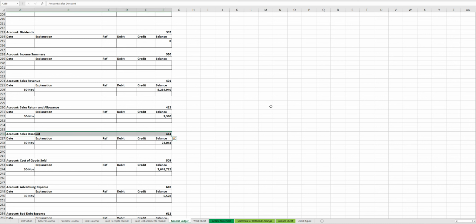So after we post all the numbers into the ledger, we're going to use the ending balance from sales revenue minus any cash sales, minus the ending balance of sales return allowance, minus any sales discount balance, and multiply by the 2.7%.